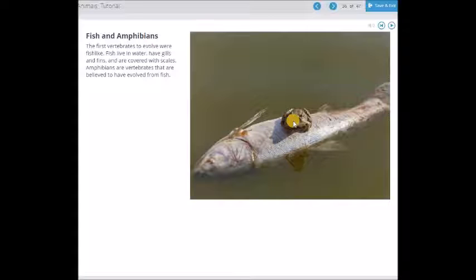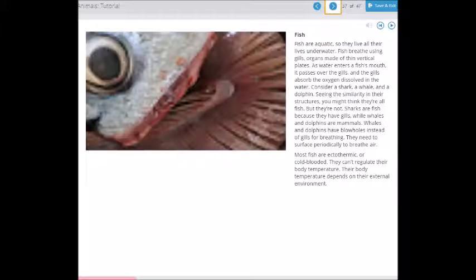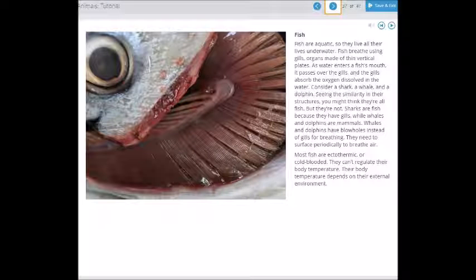Believe it or not, I know this sounds crazy, but frogs evolved from fish. And I think how we get from one stage to the other is a little weird. There are fossils that help support this, but from fish to amphibians is a little hard to go, isn't it? But look, let's talk about fish.